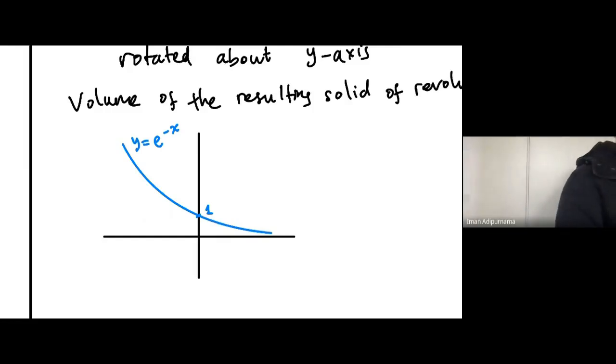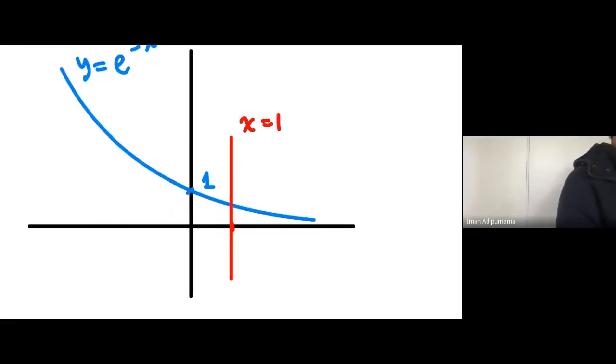And the other line is around here, so this is x equals 1. This is the region, let me call it S. This is the place we need to observe, and we rotate it about the y-axis. Let me draw the rotation here.